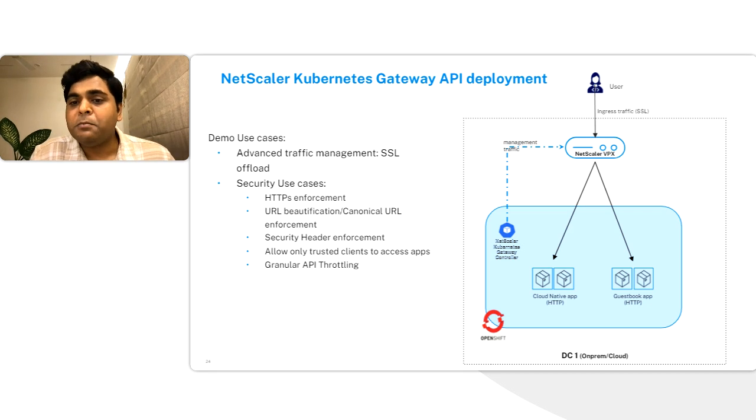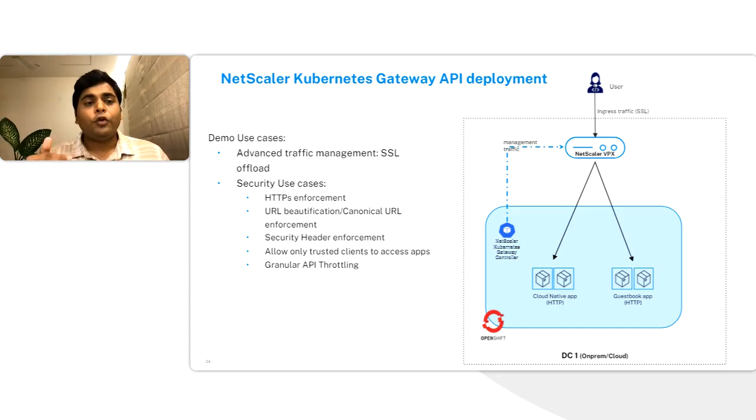Then we will see some security specific use cases which are very important nowadays, starting with HTTPS enforcement, where enterprise customers are nowadays denying HTTP requests or enforcing HTTP to HTTPS. As I was mentioning, this is one of the default functionalities Gateway API offers. Let's see how we do that. Another example would be URL beautification or canonical URL enforcement.